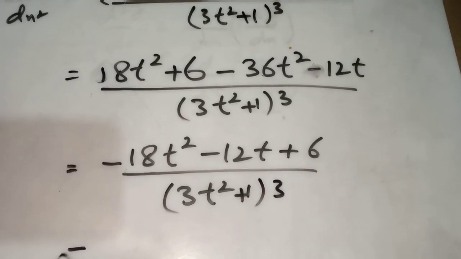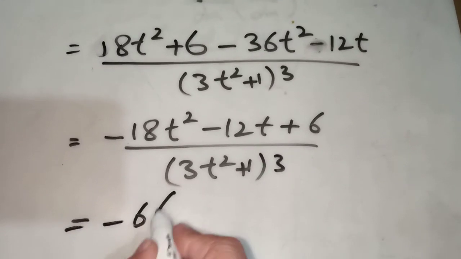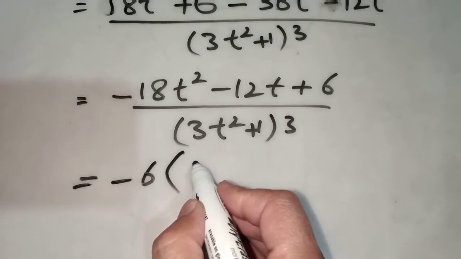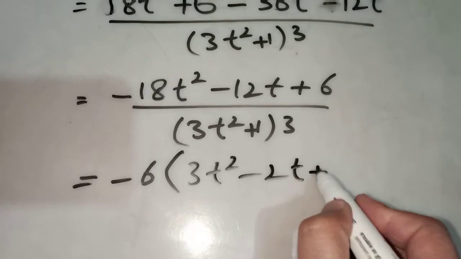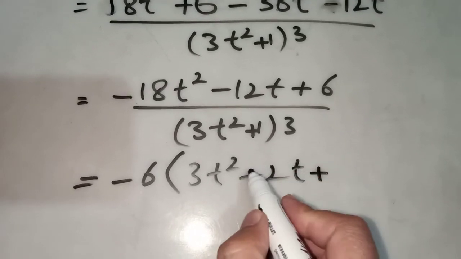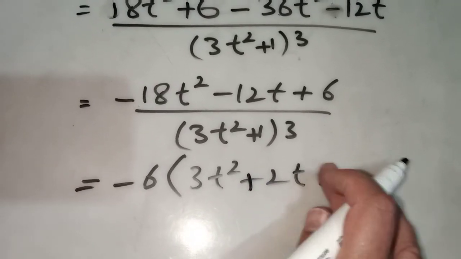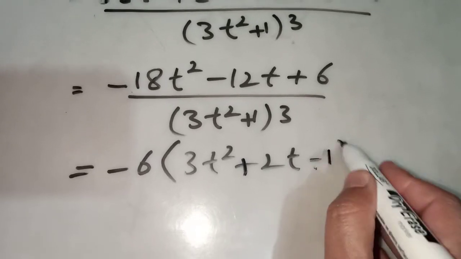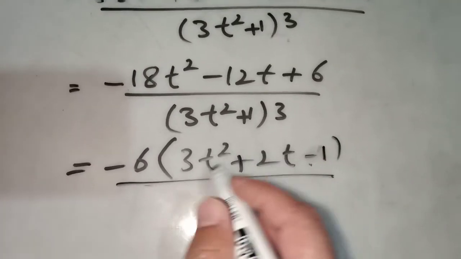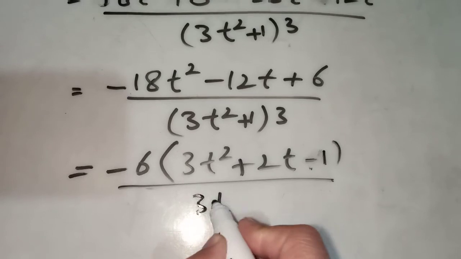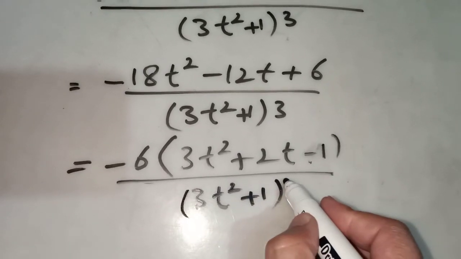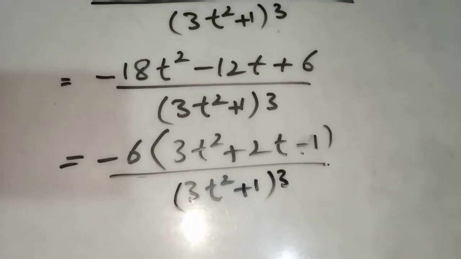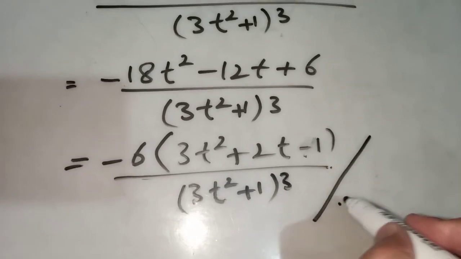And if we take minus 6 common, it will give you 3t square plus 2t minus 1, divided by 3t square plus 1 raised to power 3, and it is the required answer.